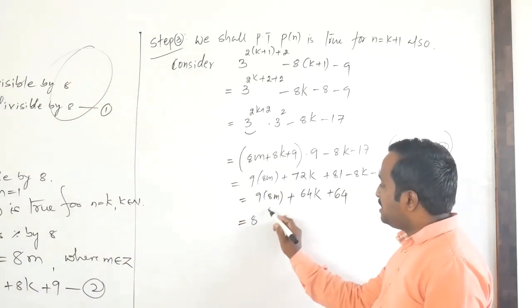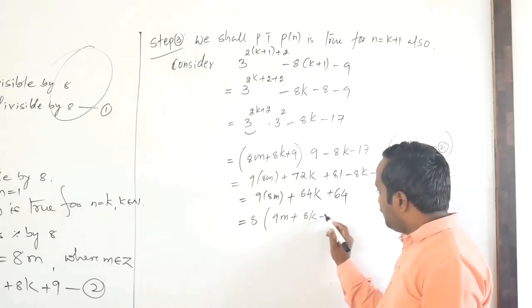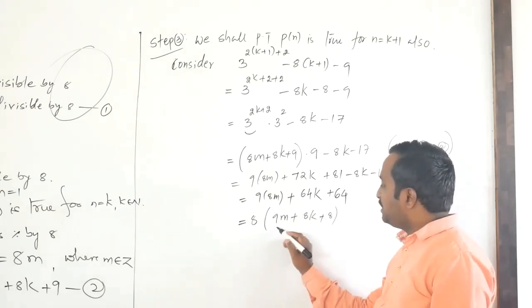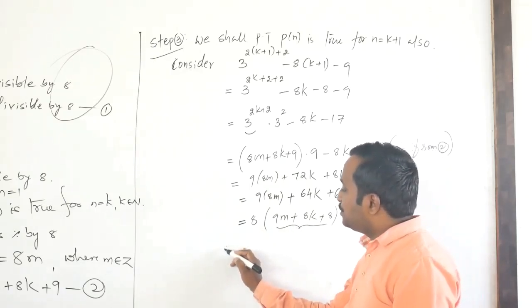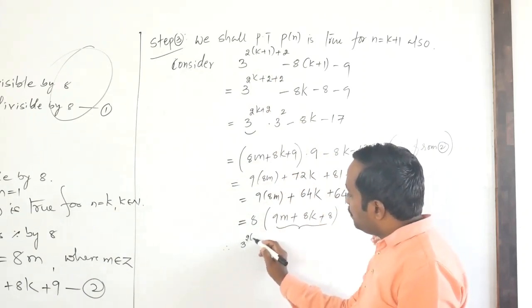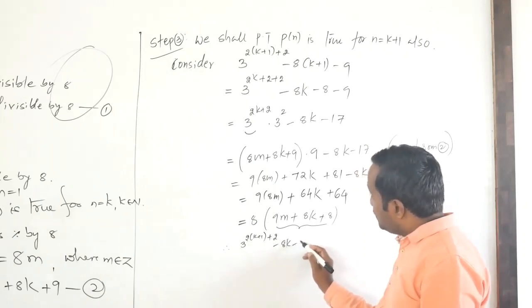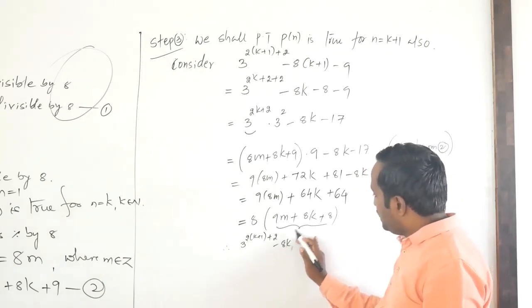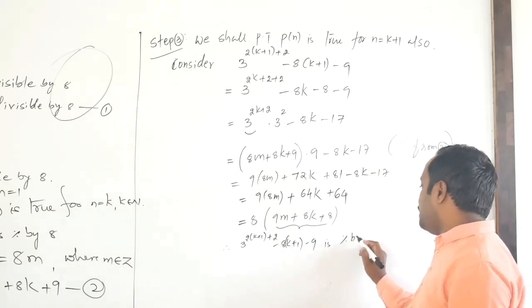So take 8 common: 9m plus 8k plus 8, which is nothing but some integer, times 8. So what is your conclusion? Therefore, 3 raised to 2 into bracket k plus 1 plus 2 minus 8k minus 8 minus 9, that is 8 into k plus 1 minus 9, is divisible by 8.